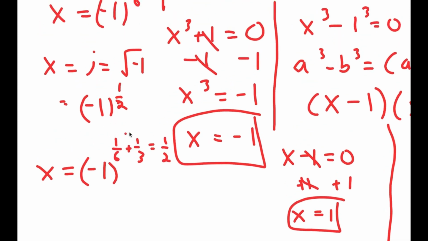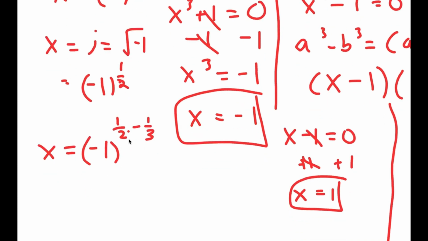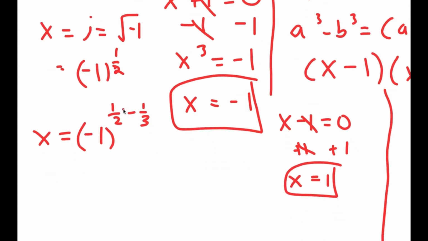Meaning 1 over 2 minus 1 over 3 is what we can rewrite 1 over 6 as. Now, this is the same thing as 1/2 plus negative 1 over 3.